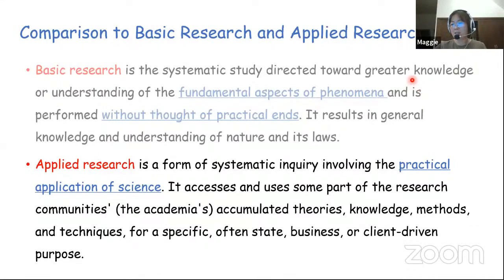It assesses and uses some part of the research community's accumulated theory, knowledge, methods, and techniques for a specific, often state, business or client-driven purpose. So in brief, it has to be put into practical application in the future.